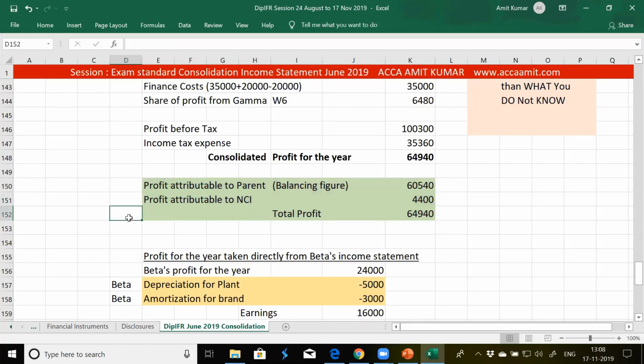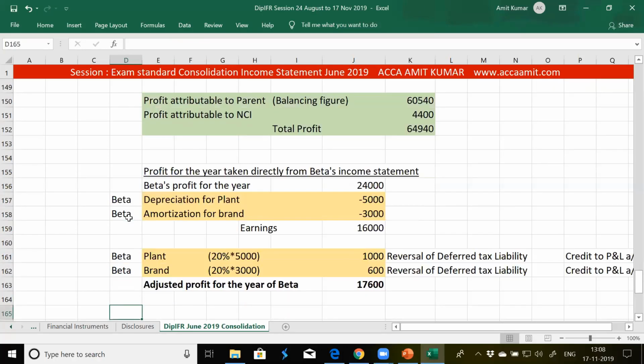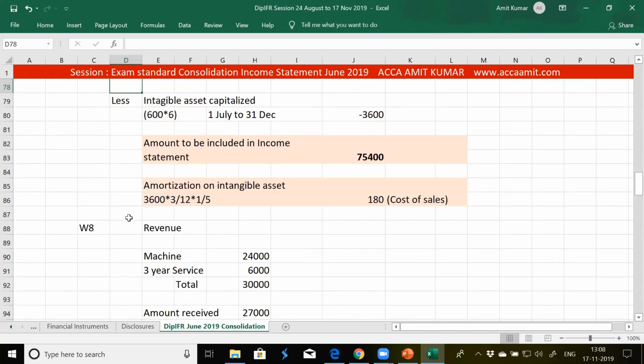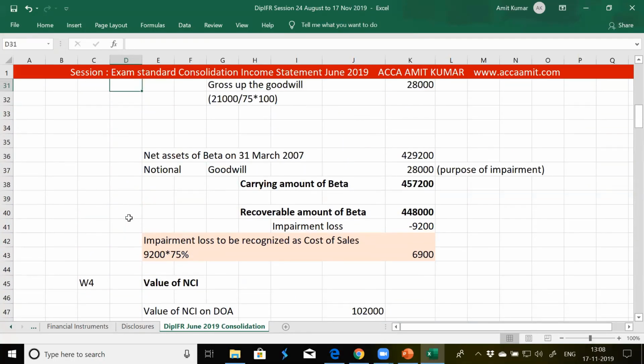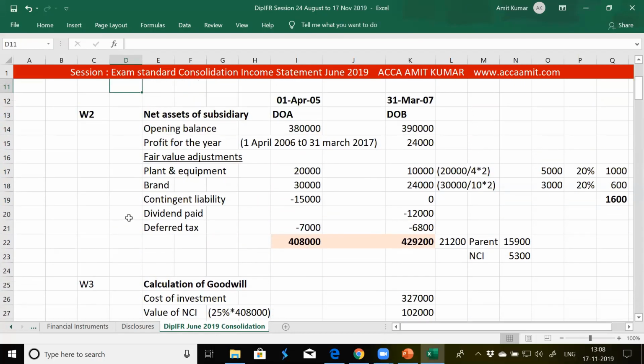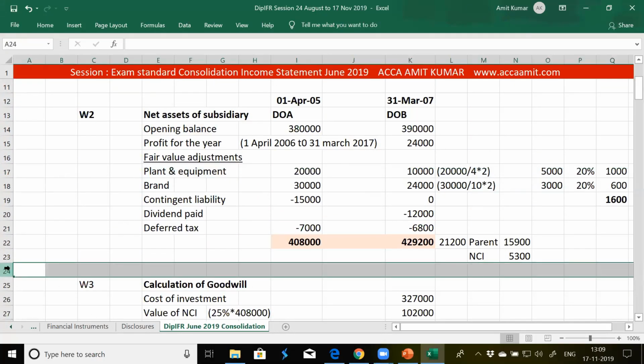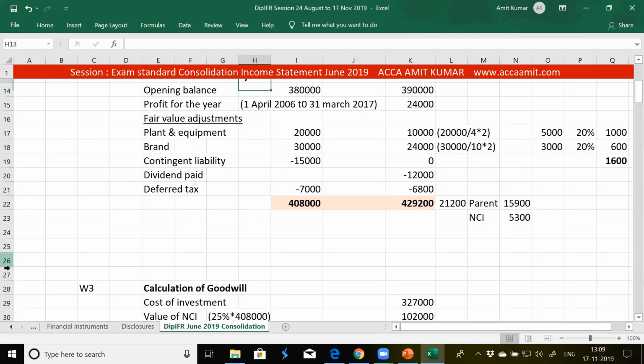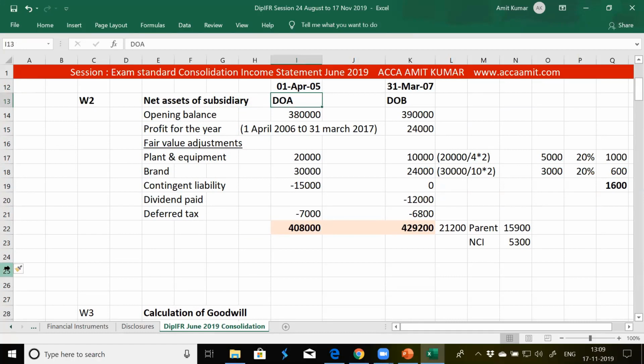Hope this is very clear. And with this, we come to the end of this question. And the mistake I was committing there, while I was trying to know the income statement here, if you remember, I was trying to know how much profit belongs to NCI after making those adjustments. Now, if you notice here, the profit for the year between the beginning of the year to the end of the year is 10,000. Out of this 10,000, NCI has a share of 2,500.